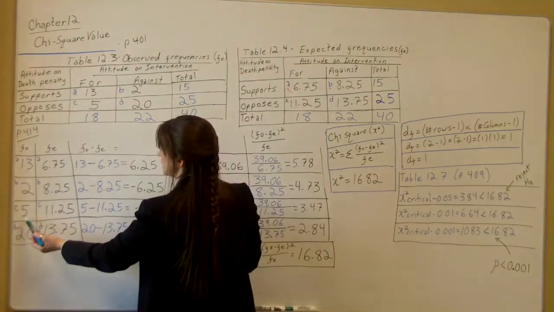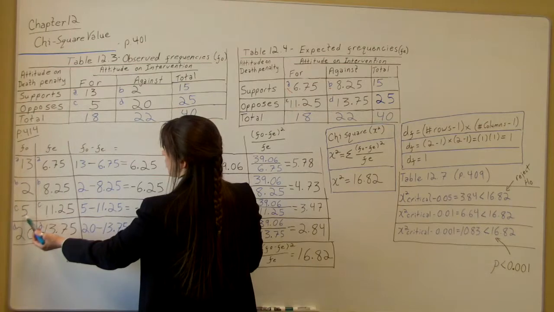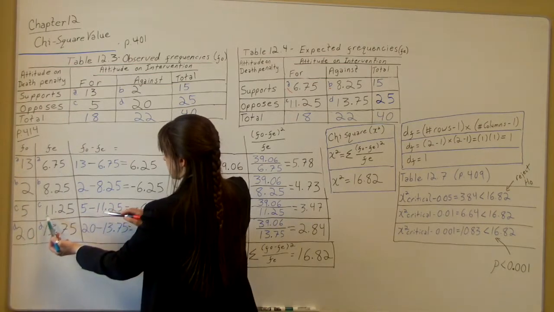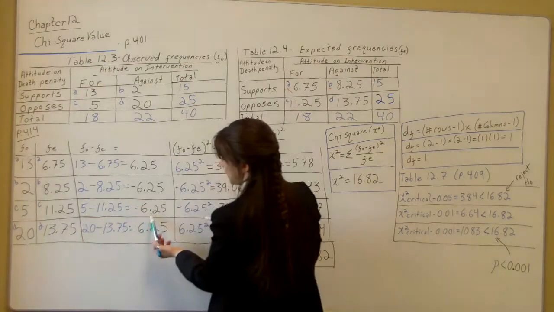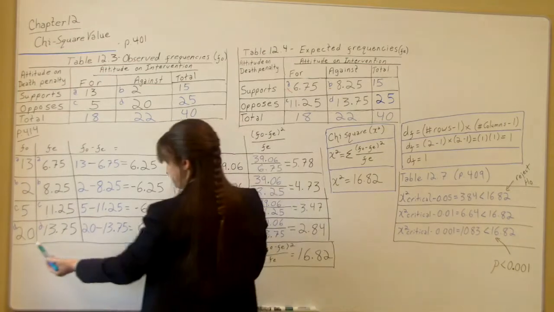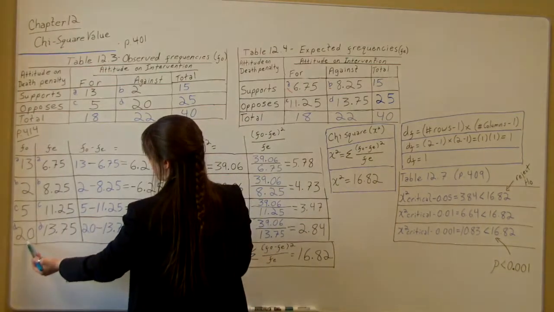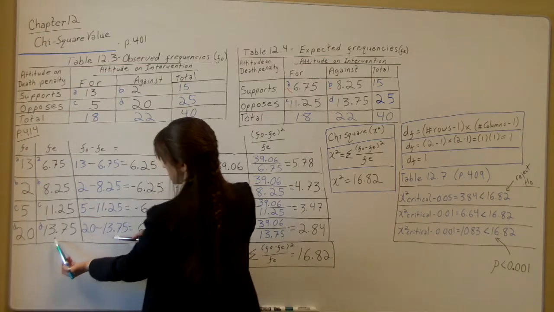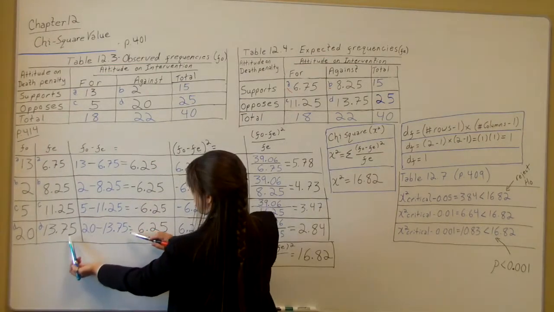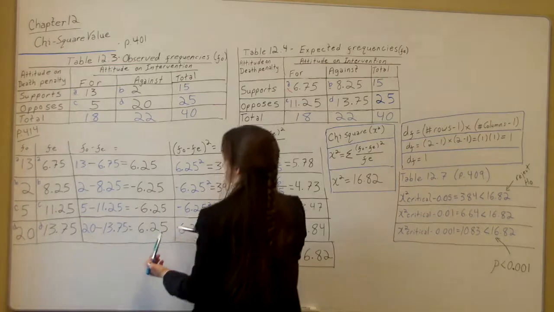Then 5 minus 11.25 equals negative 6.25. And your observed frequency 20 minus your expected frequency 13.75 equals 6.25.